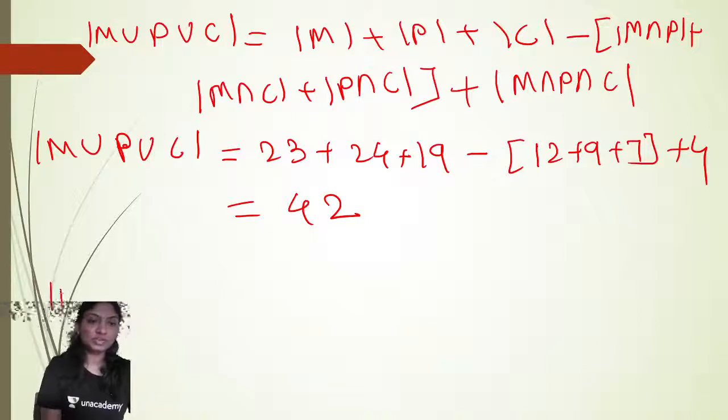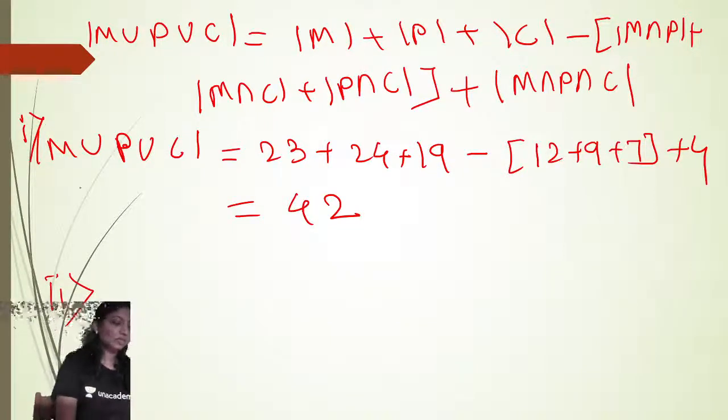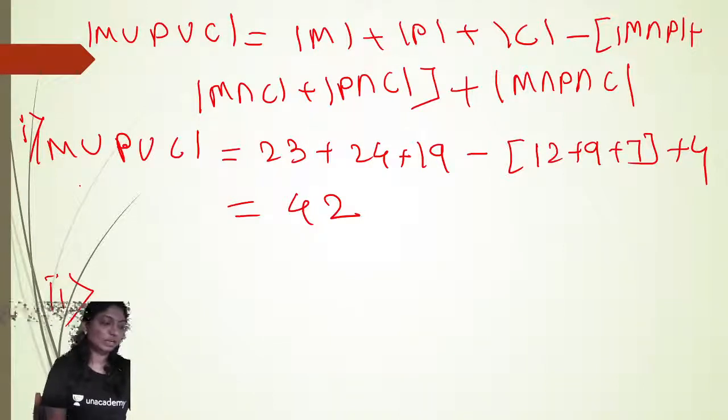Now second question, exactly one subject. It means we have to calculate separately the number of students who study only maths, only physics and only chemistry. That will give you the number of students studying exactly one subject.